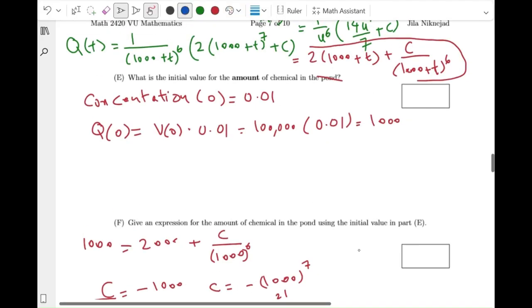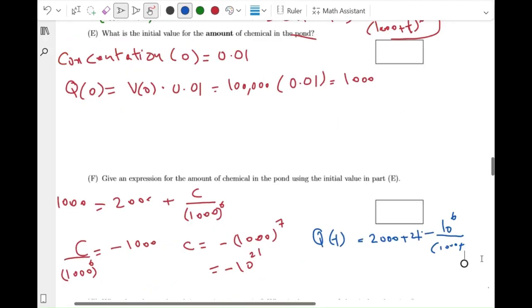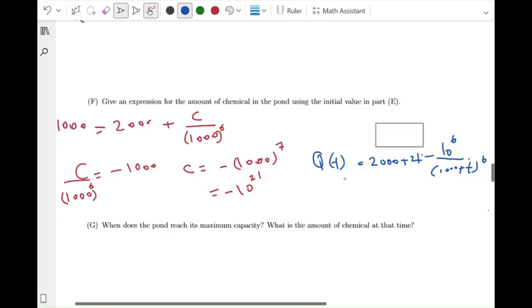So in this equation, this is the initial value problem: 2,000 plus 2t minus 10 to power 21 over 1,000 plus t to power 6. This was 21, not 6.